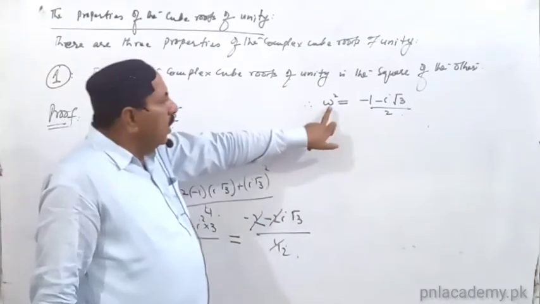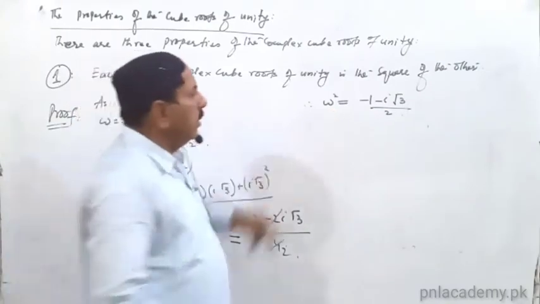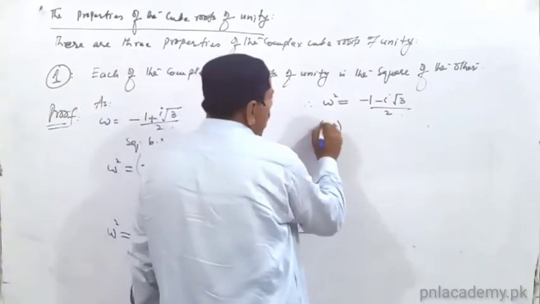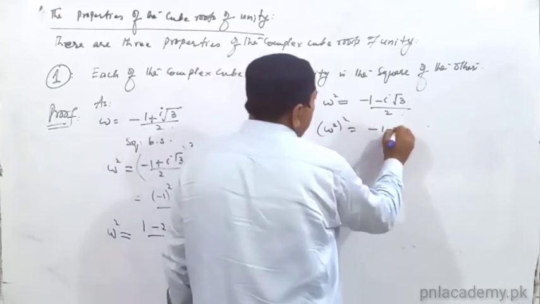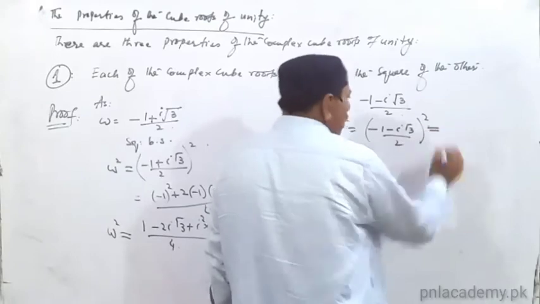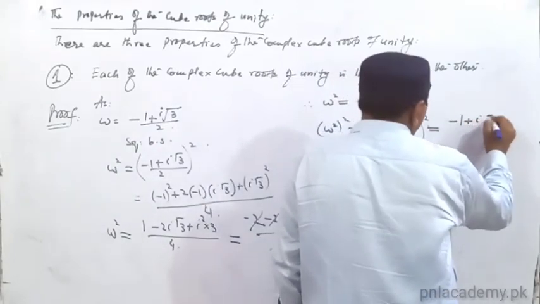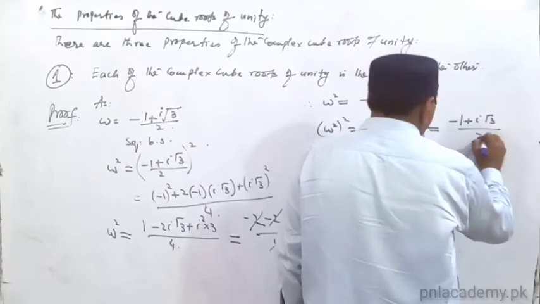Similarly, if you take the square of omega square, omega square whole square, which will be minus 1 minus iota radical 3 upon 2 whole square, it also gives the root minus 1 plus iota radical 3 upon 2.